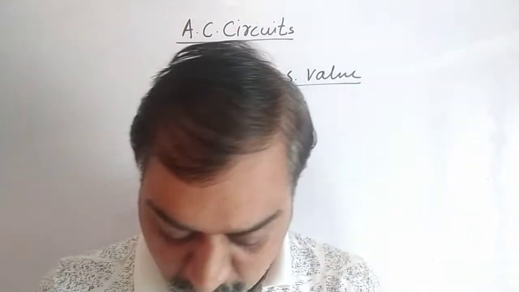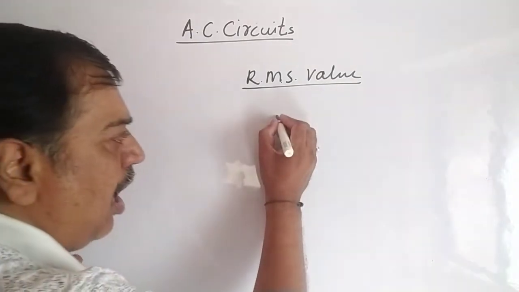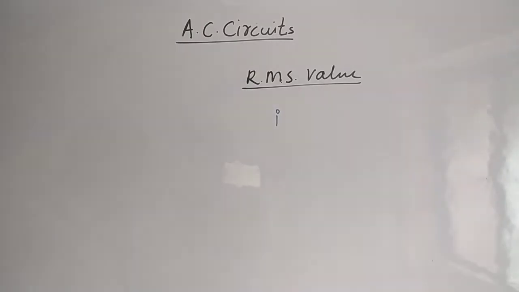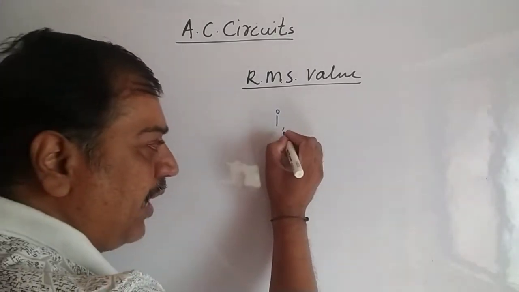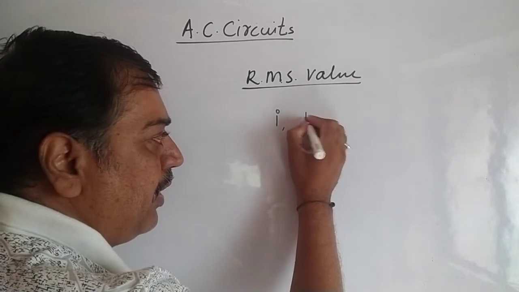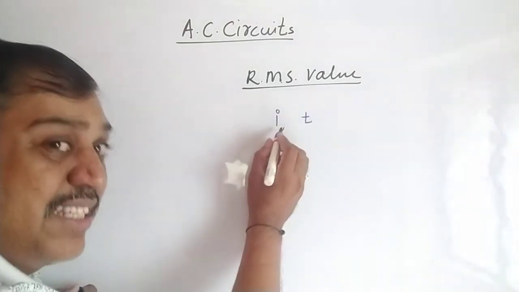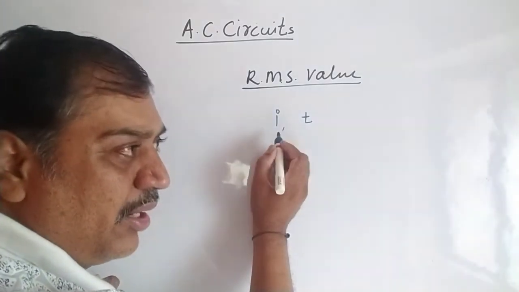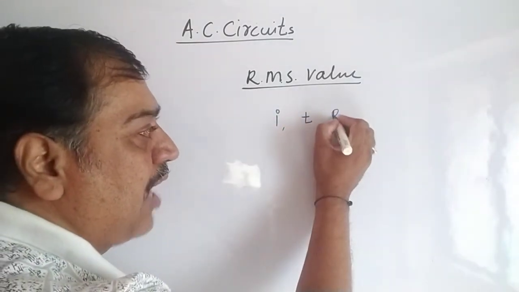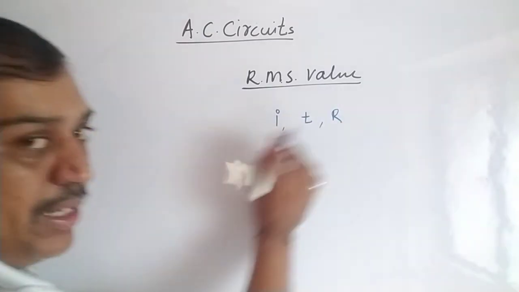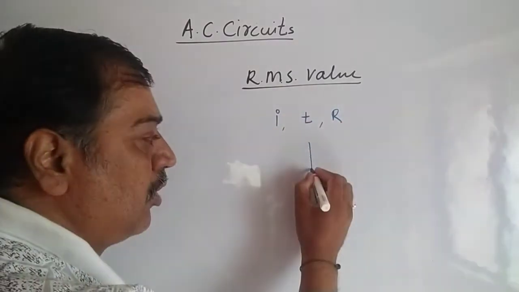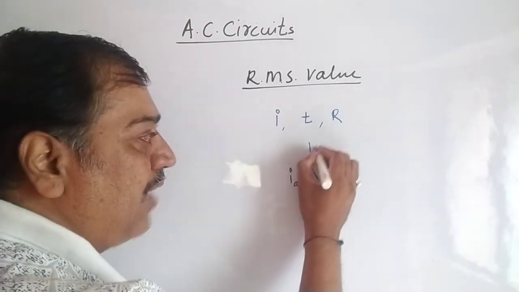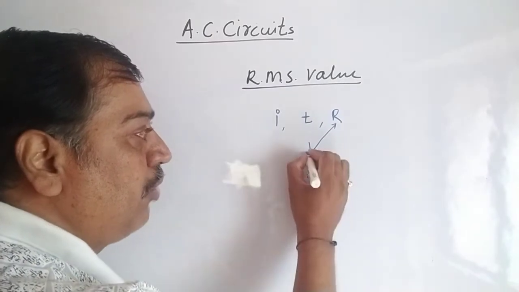Suppose an amount of current I, AC current, is flowing through some metal conducting wire whose resistance is R, for a time period T.